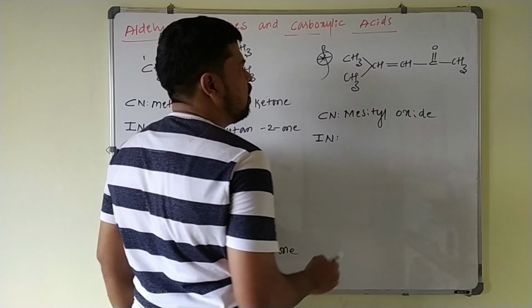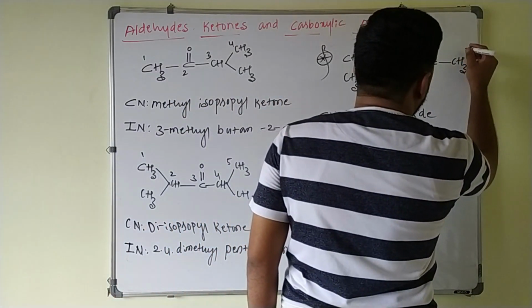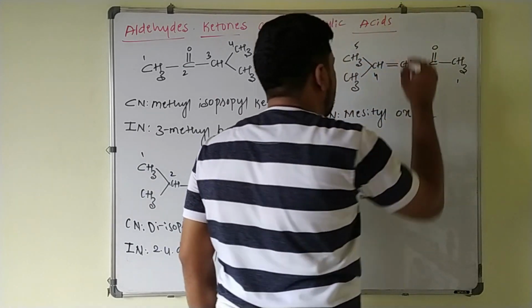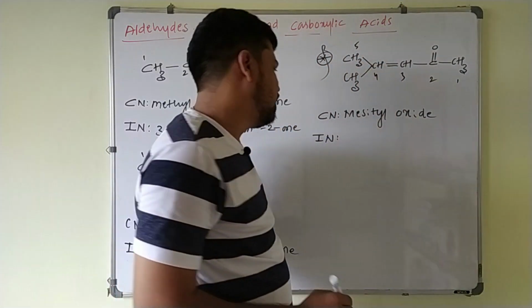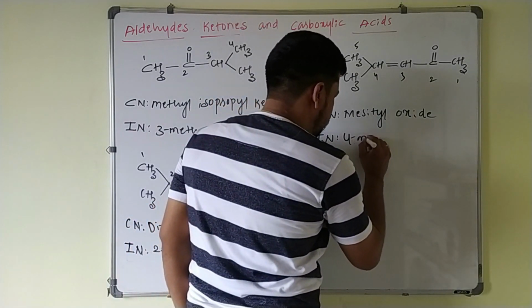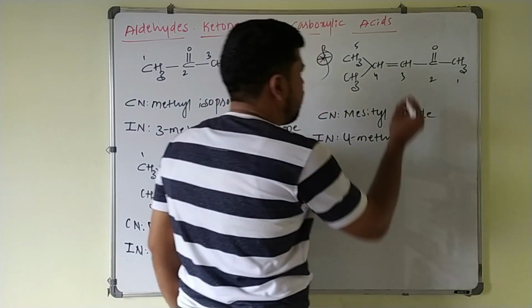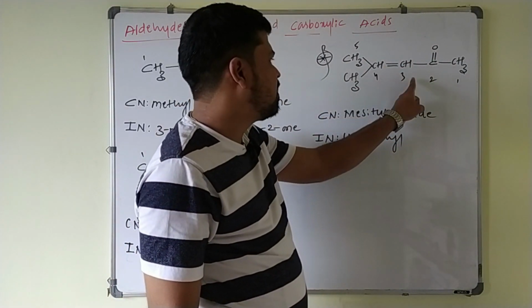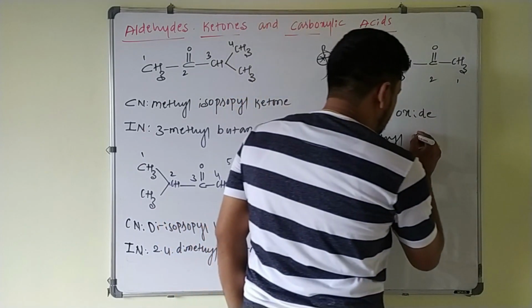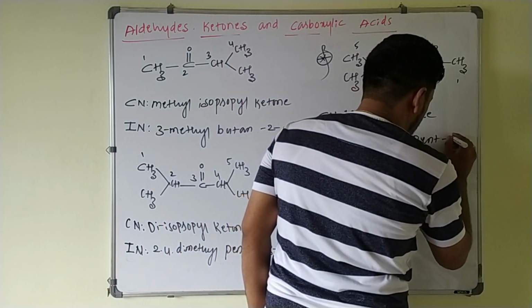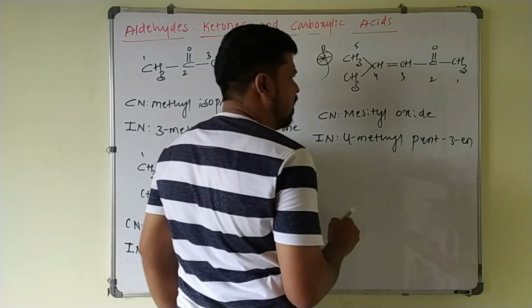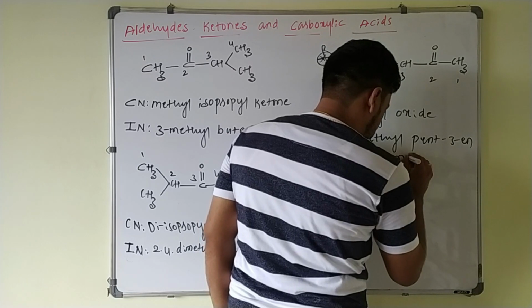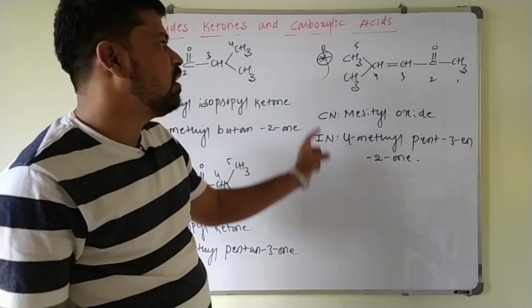Numbering is done from the end which is nearer to the carbonyl group: 1, 2, 3, 4 and 5. At the fourth position a methyl group is there, 4-methyl. Total 5 carbon atoms. At the third position a double bond is present, so it is ene. So 4-methylpent-3-en-2-one is the IUPAC name of this compound.